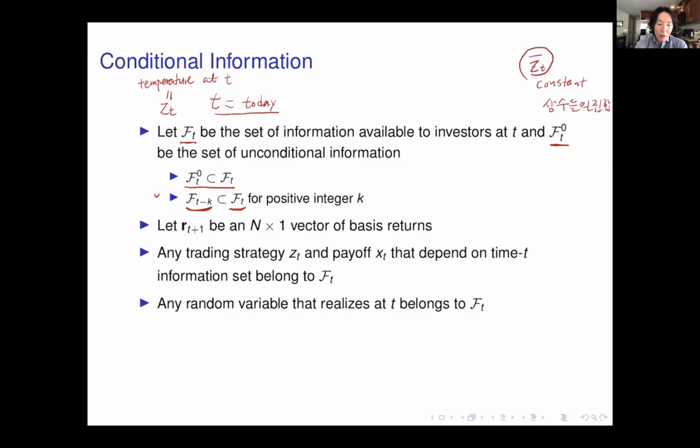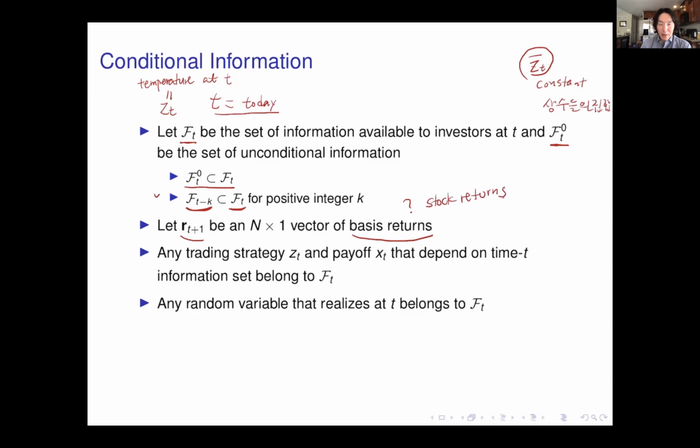Now, we will call R_{t+1} the set of basis returns. So what are basis returns? Basis returns mean the set of returns that are most fundamental to the economy. You can view them as individual stock returns. Okay? So there are, say, n individual stock returns.